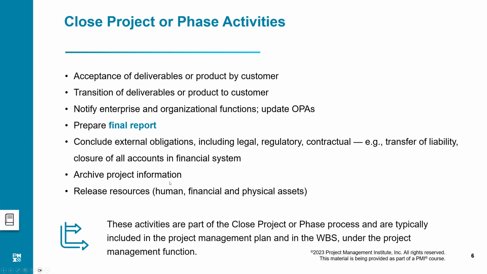Archive the project information and release the resources, whether human resources, financial resources, or physical assets. These activities are part of the close project or phase process and are typically included in the project management plan. We already have a plan for them. We know what to do about it, but here we are discussing only the closing project and phase area.